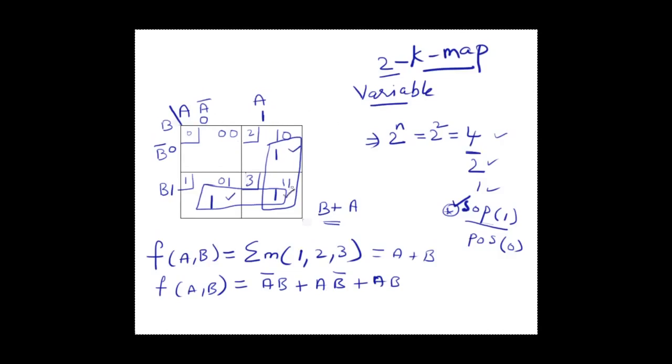So this question can also be asked in a truth table format, where the inputs can be 0 0, 0 1, 1 0, 1 1. As this is a 2 variable K-map, the question will be in this way. Wherever you have ones, we are talking about SOP, so 1, 2 and 3.